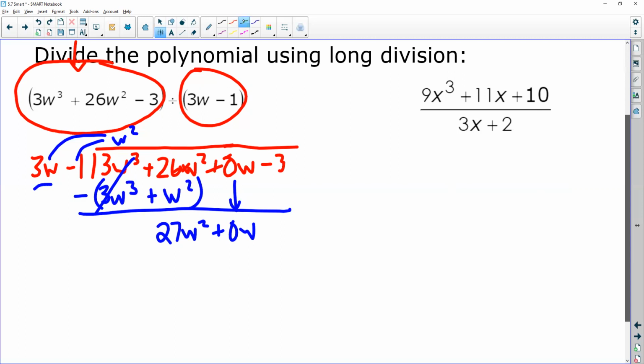So now I have to think, how do I turn 3w into 27w squared? Well, 3 times 9 is 27, and w times w is w squared. And distribute. Process is the same. I'm going to get 27w squared.